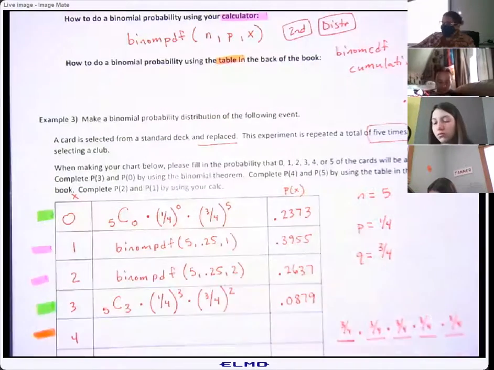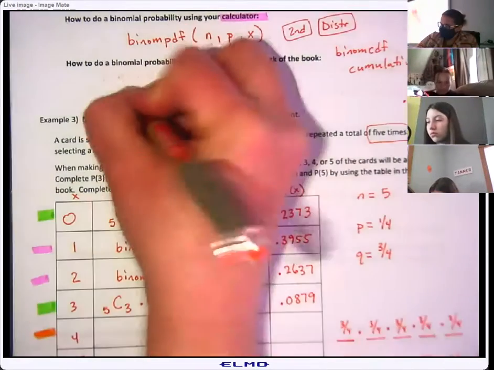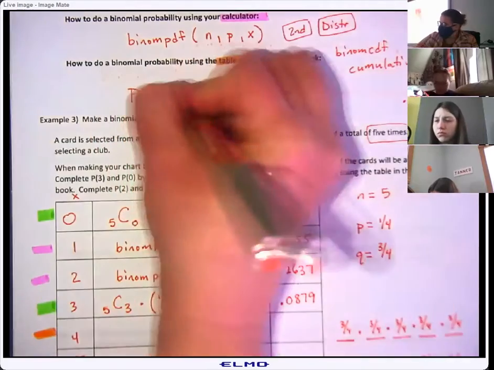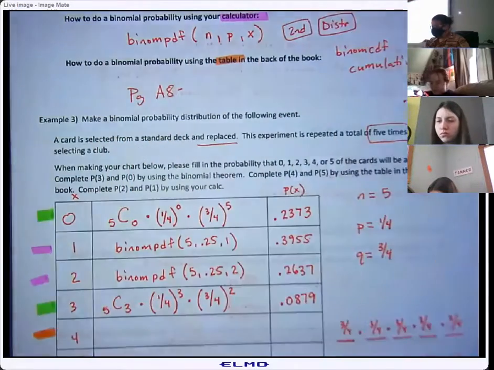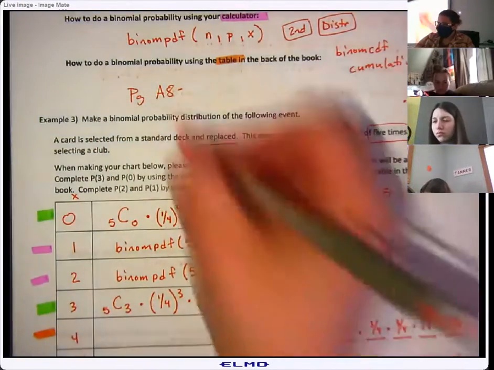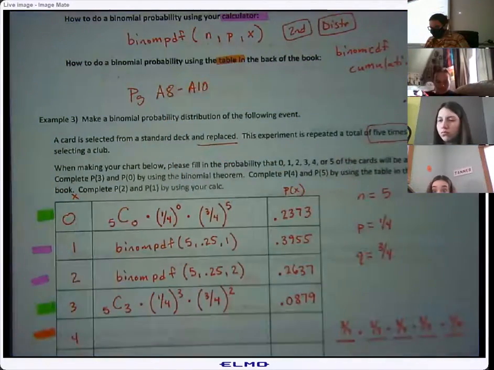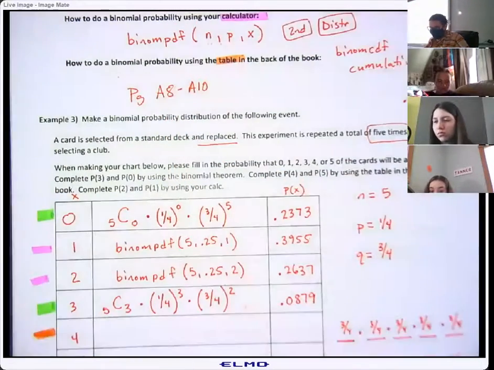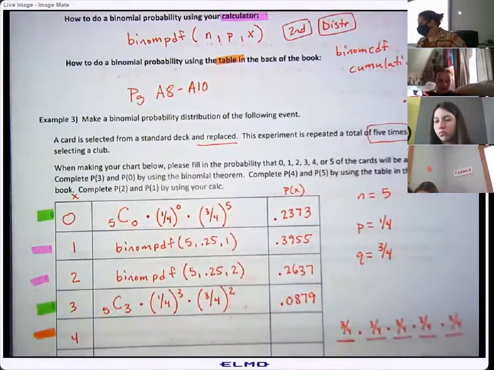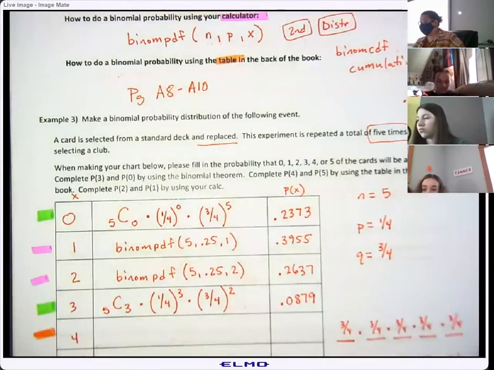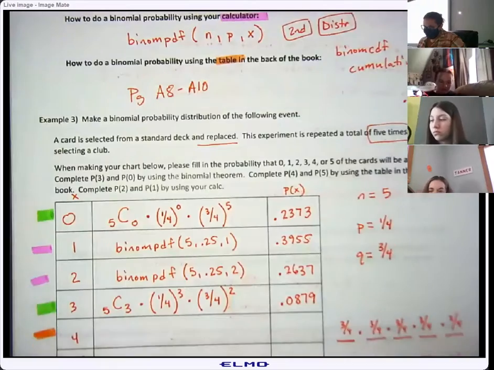A8. This is on page A8 through A10. All right. This is probably the easiest of all of them, but it only works to a certain amount because there's only so many tables in your book. So here's how you read this table. Everybody at A8?